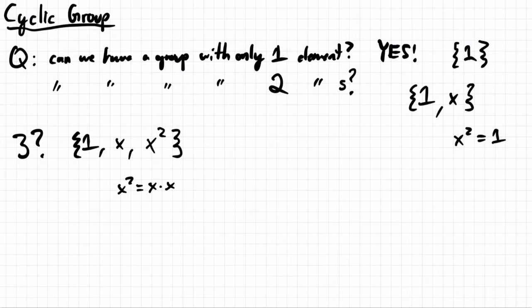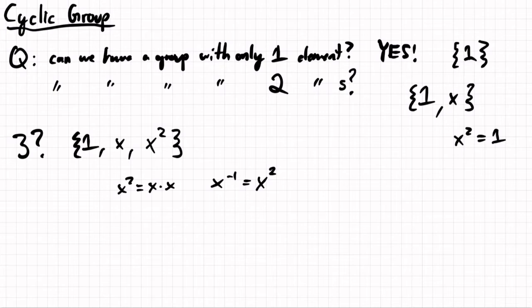Well, X must have an inverse, and that inverse has to be something that multiplies by X and is 1. Well, we can just have X squared.